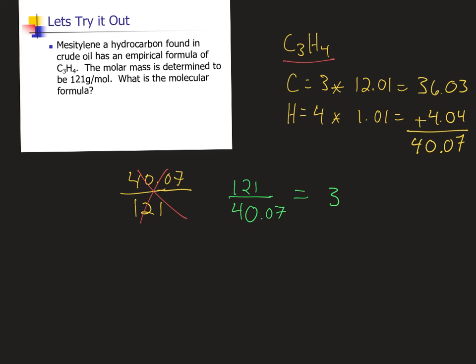Which means that I need to increase everything by a factor of 3. So my empirical formula is C3H4. My molecular formula, 3 times 3 is 9. And 3 times 4 is 12.